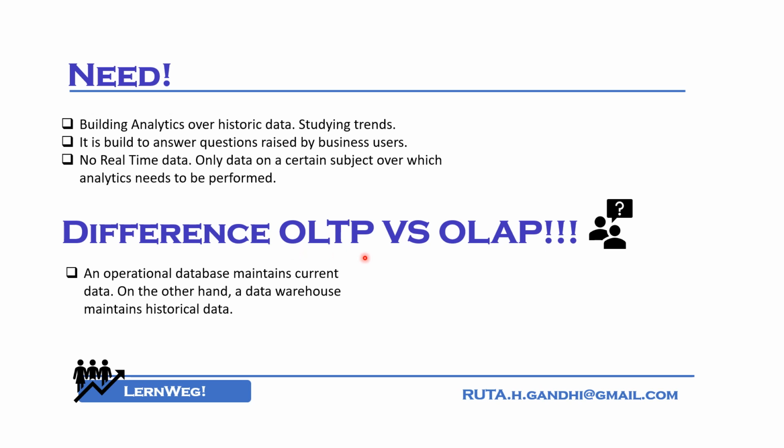After some time, it will have status as shipped when I will be receiving the items. So one row will correspond to one record, one purchase in OLTP. But in OLAP, for the same item, we will have two different rows pertaining to one order as booked and one order as shipped. So in this way, OLAP maintains the complete history.